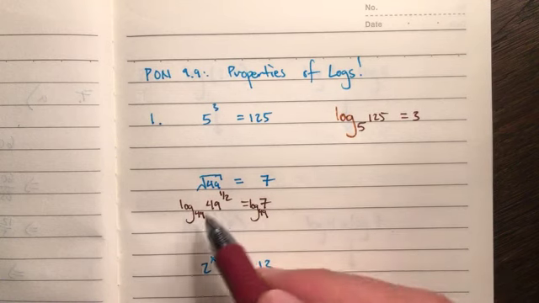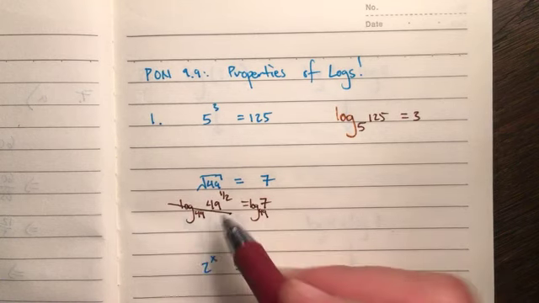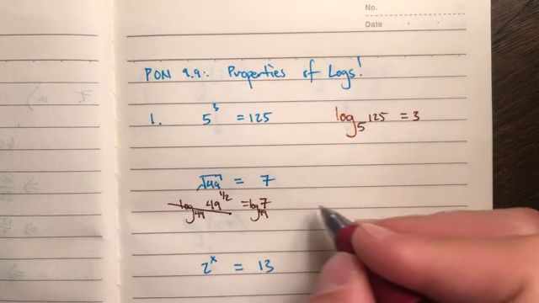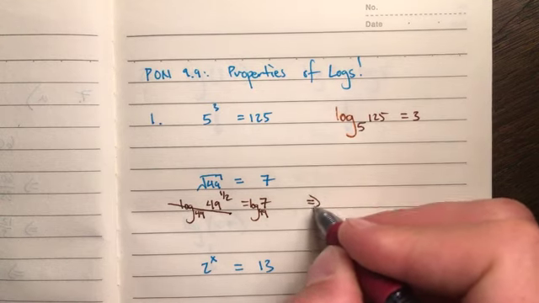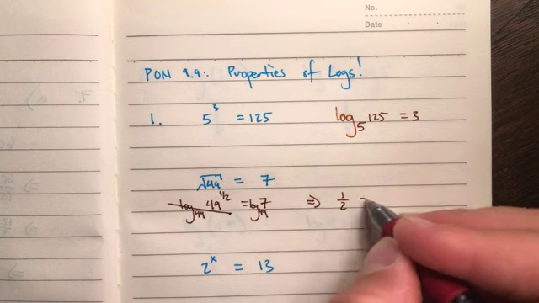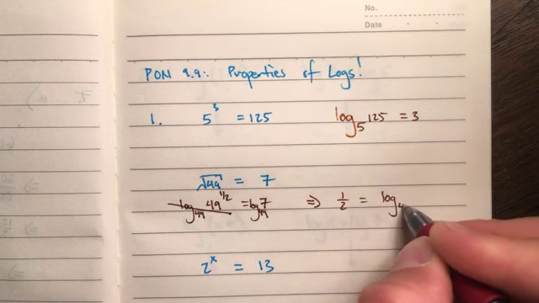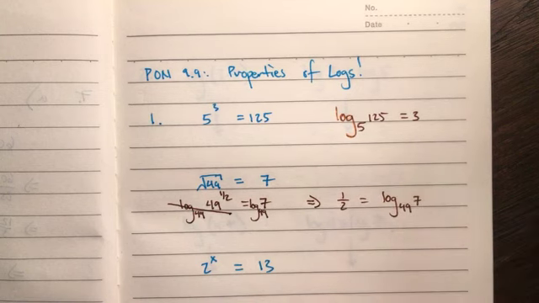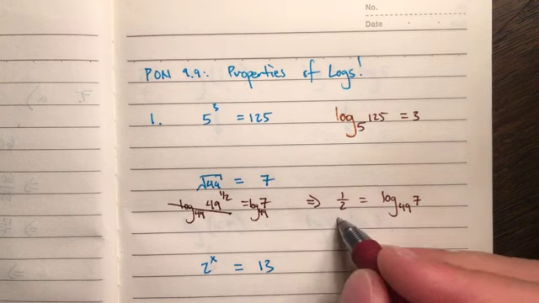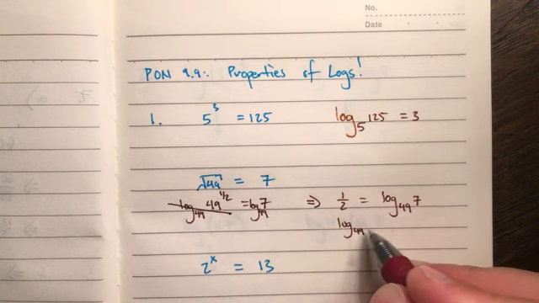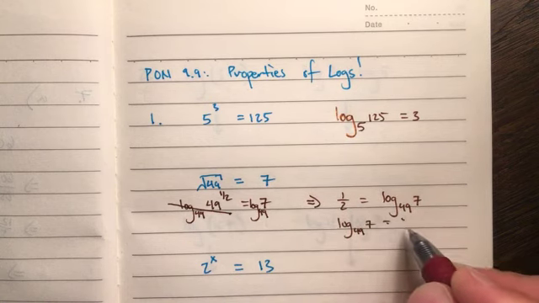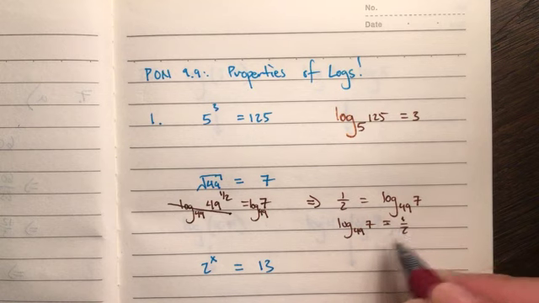So log base 49 of 49 raised to something, those are inverse functions. And so then you just get 1/2 equals log base 49 of 7. Of course, you could write it log base 49 of 7 equals 1/2. That's the same equation.